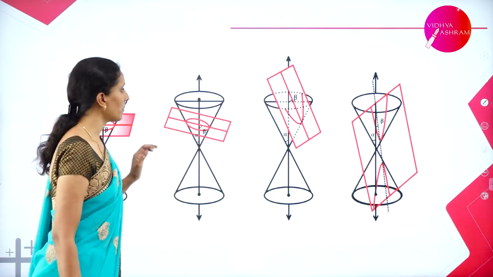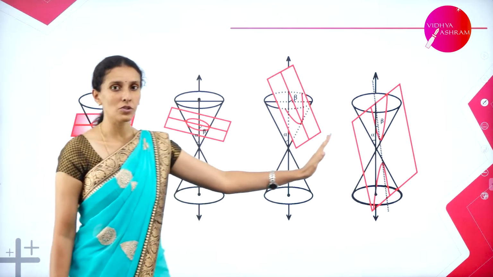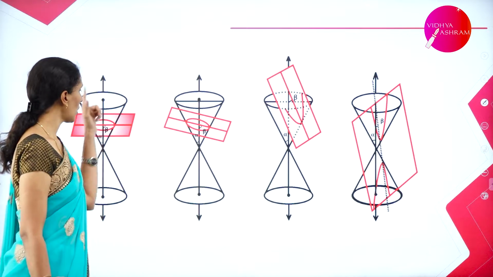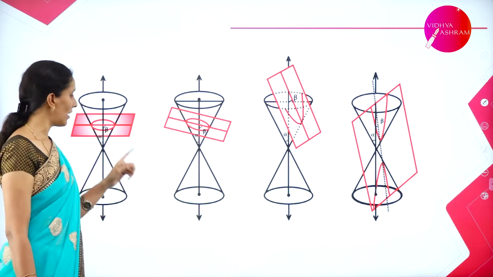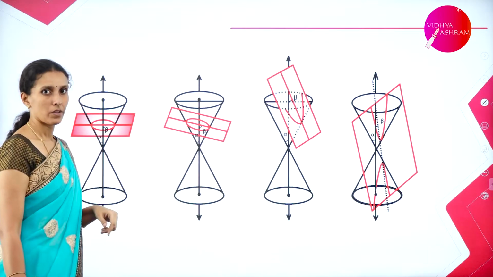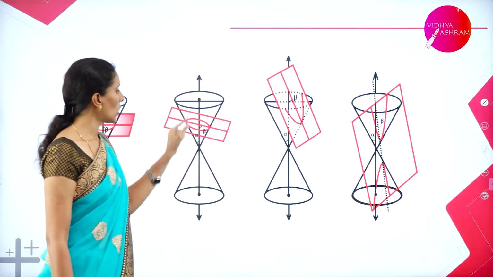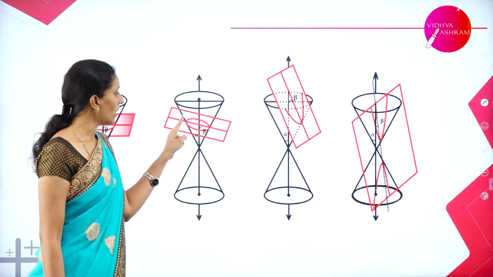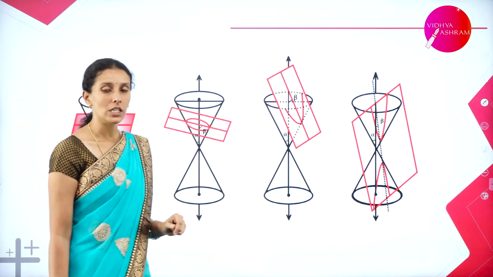So look at the diagram here. We have all the four types of conic sections here. When a plane is intersecting the cone exactly at a right angle, you can see a circle. When alpha and beta are acute angles, you will get an ellipse, which is another curve.